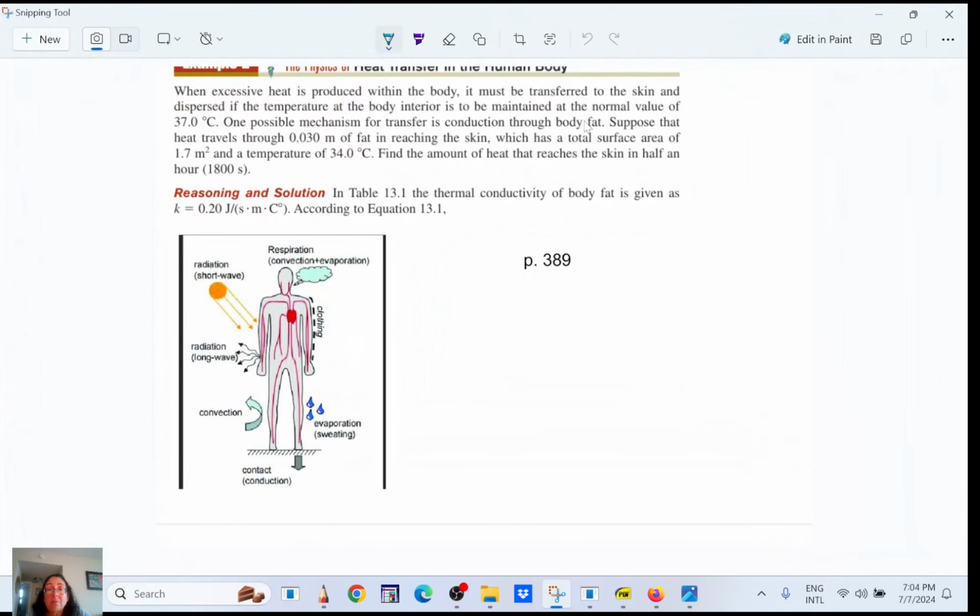So you have the skin here, and you have the total surface area. Maybe it's a bad drawing here.